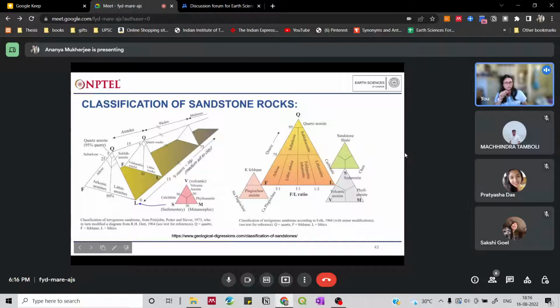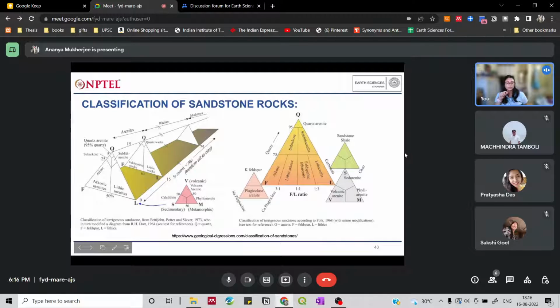The diagram to your left is based on two factors: one is the percentage of matrix, and the other is the chemical or mineral composition that you will find in sandstones. Pure quartz, above 90% quartz, is very good for civil engineering purposes.